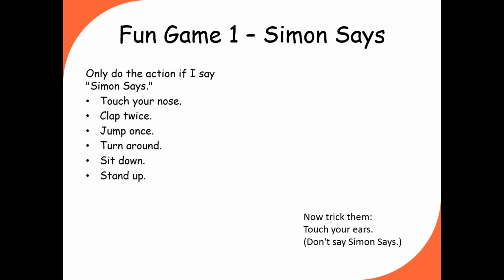Simon says, stand up. Simon says, wave. Simon says, smile. Touch your head. Remember the order. I must say something before you touch your head. So now, Simon says, touch your head. Raise both hands. Simon says, raise both hands.